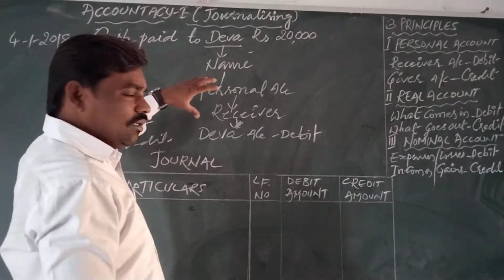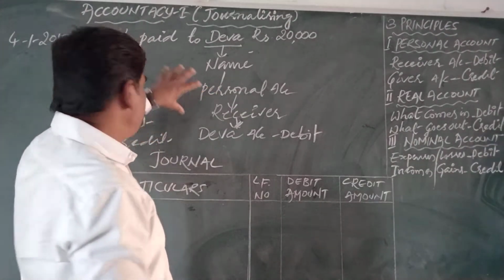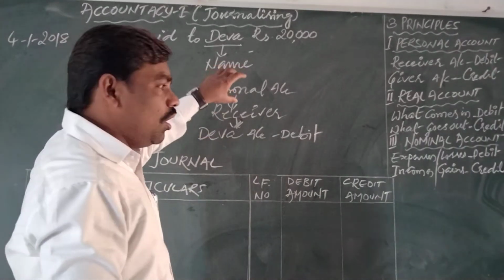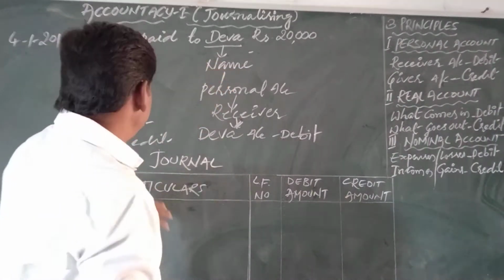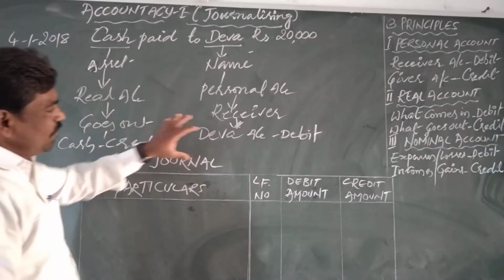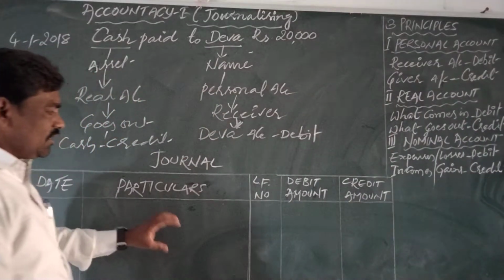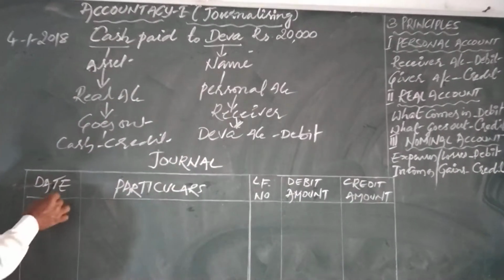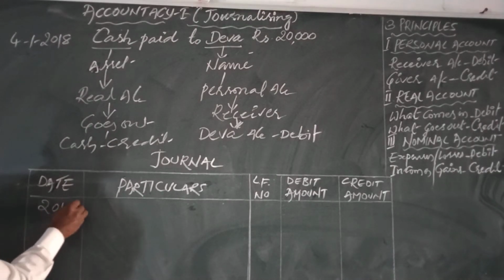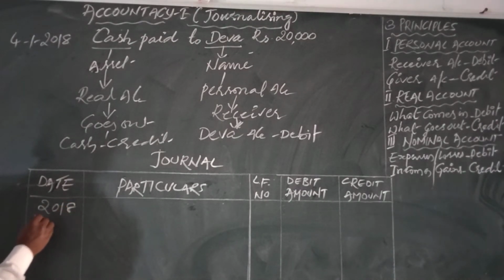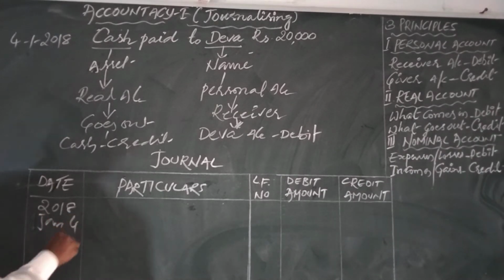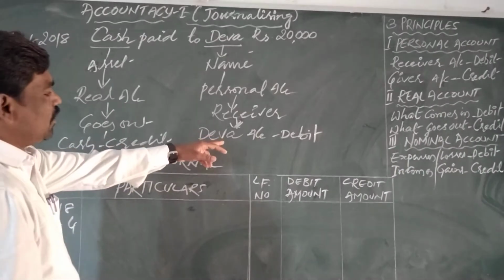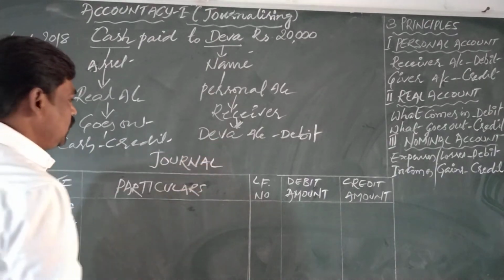This process should go on in our mind. After completion of this process, we write the journal entry in the journal. First, date: 2018 January 4. First write the debit account. Debit account is Deva account.